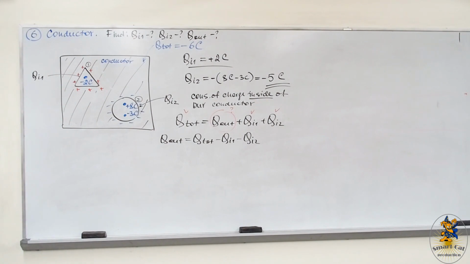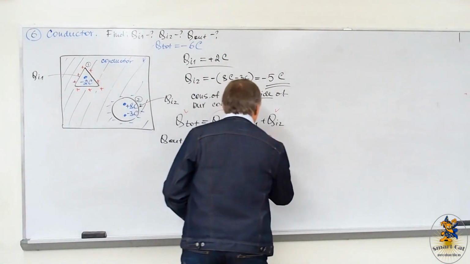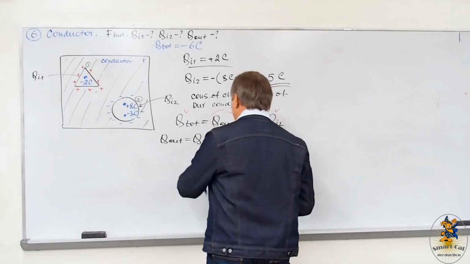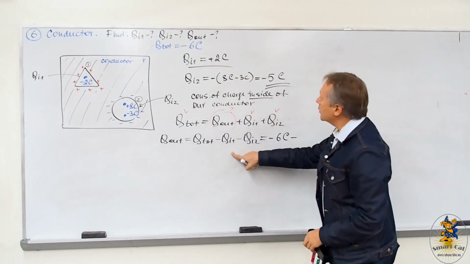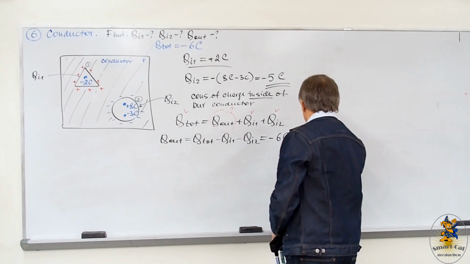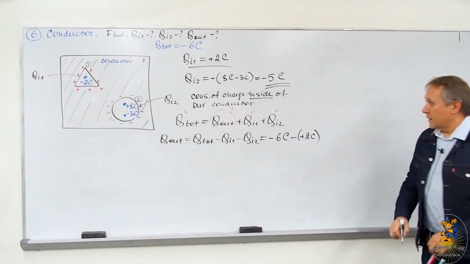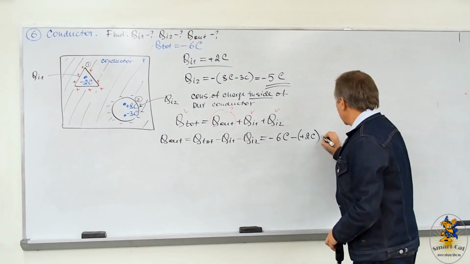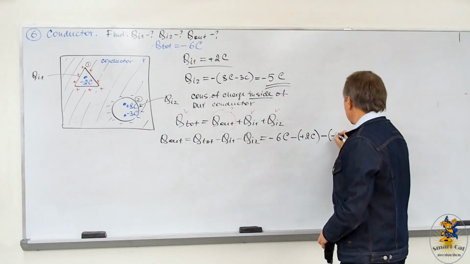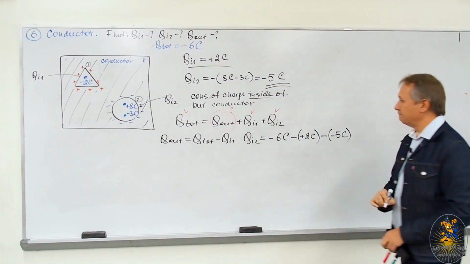Really unnecessary. So Q total, what? Minus 6 coulombs. Then minus from the expression, and QI1 is 2. Then again minus from the expression, and QI2 is negative, so minus 5 coulombs.